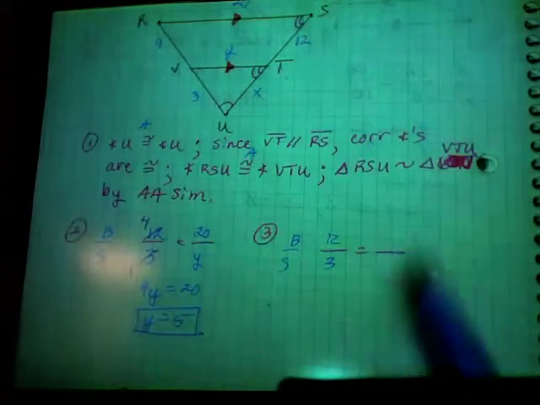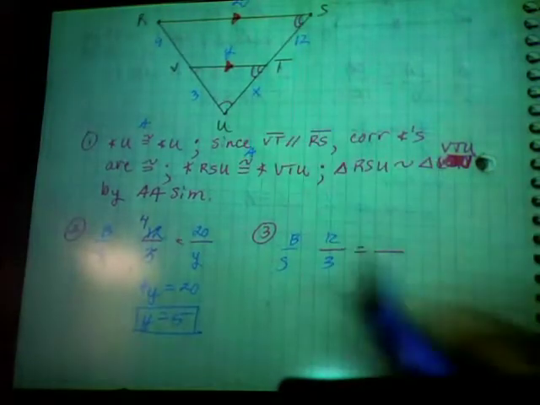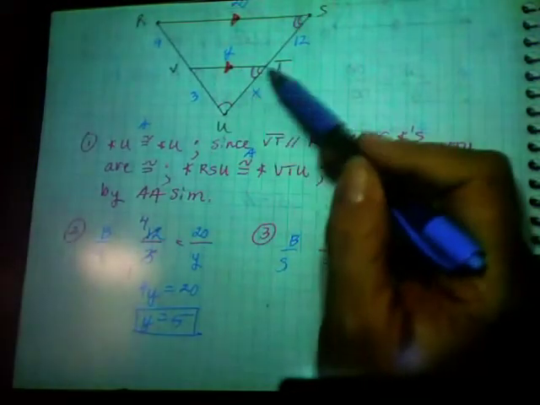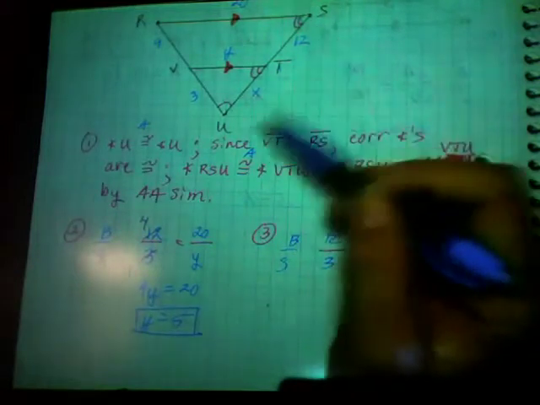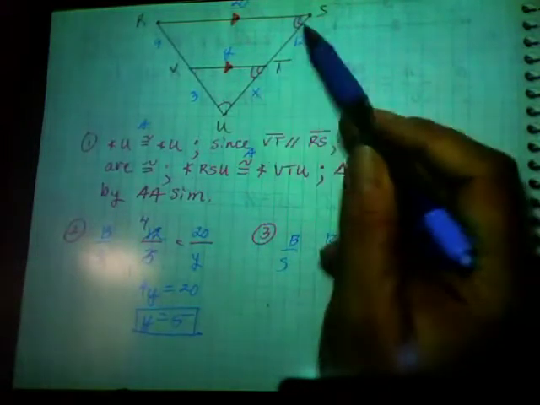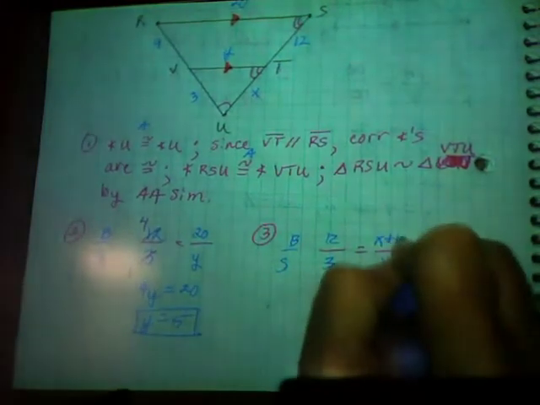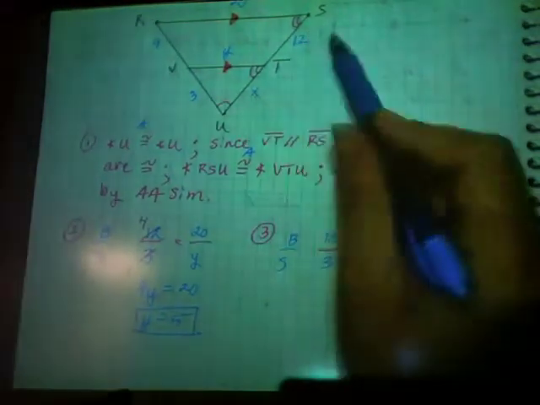So then the x is on the small triangle, right? So won't the x go down here? What side corresponds to UT on the big triangle? US. What's the distance of US? 12 plus x, right? Or x plus 12? It is not just 12x. You don't multiply them, you add them together, right?